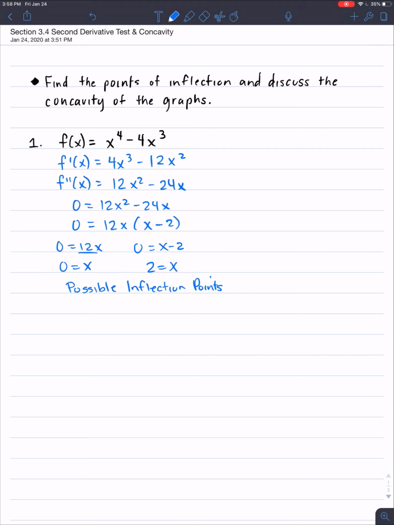We can plug those back in if we want the x, y values. We plug into the original function. What is f when the x value is 0? Plug that into the original, which is x to the 4th minus 4x to the 3rd. Plugging in 0, we just get 0, so the ordered pair is when x is 0, y is 0.